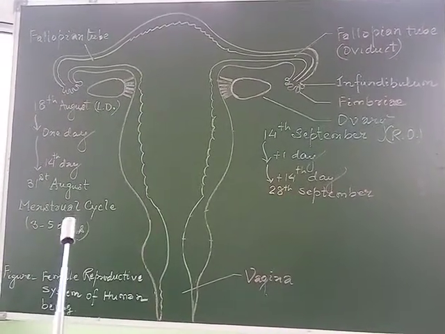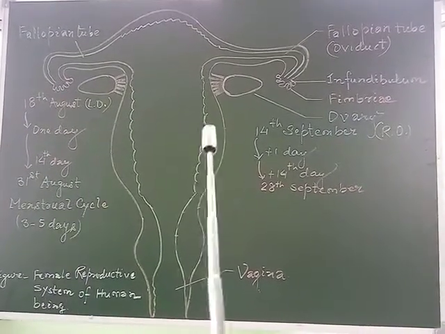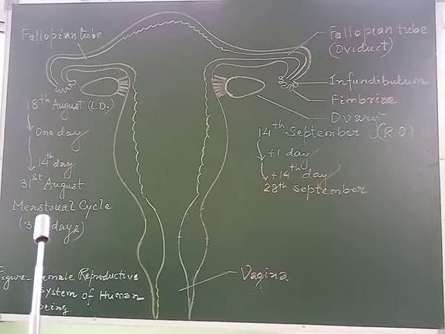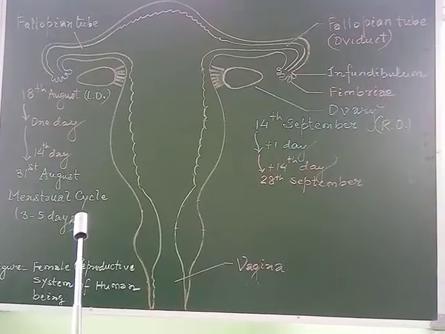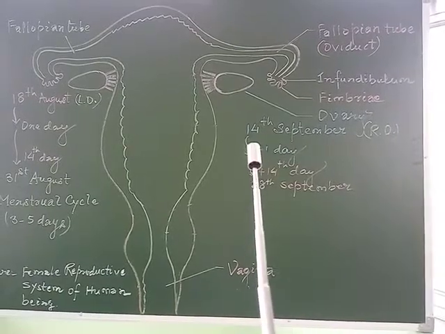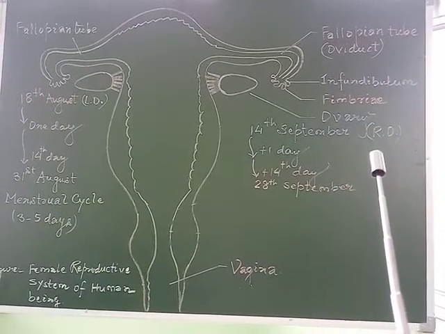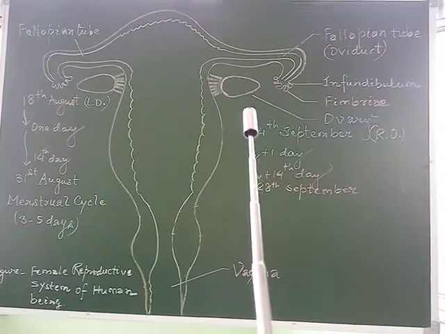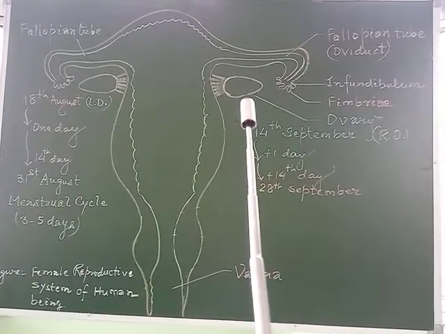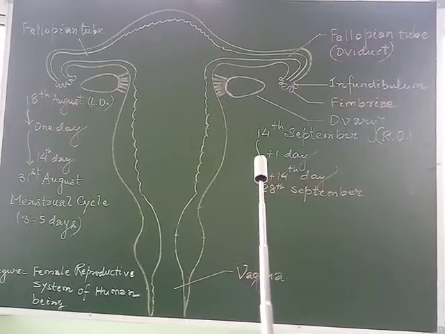Around the 14th day from the start of the menstrual cycle, suppose on the coming 14th of September, the ovary of the right side will ovulate and release a mature ovum, and again it will wait for 24 hours.